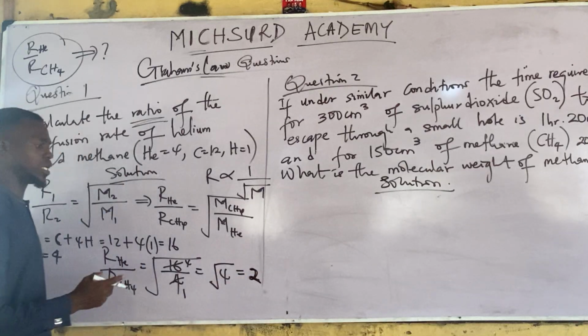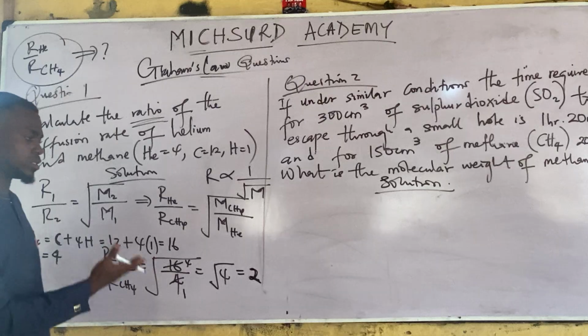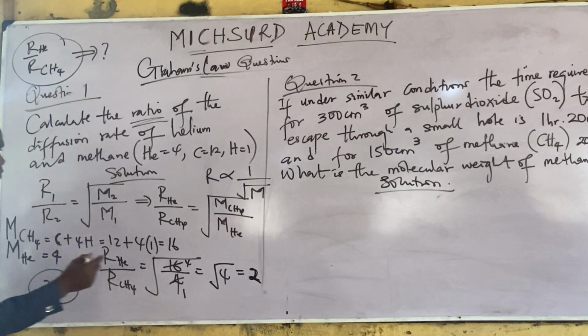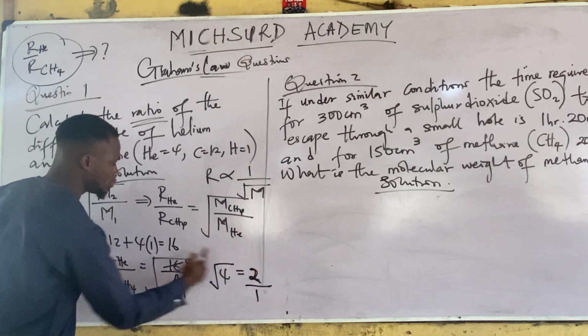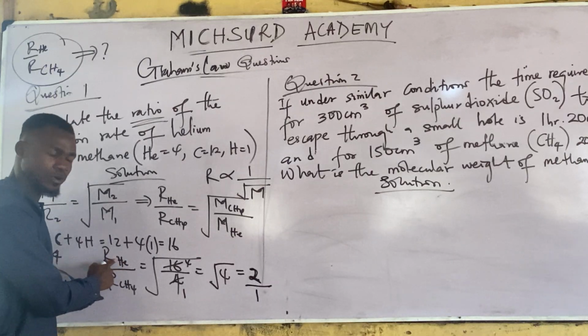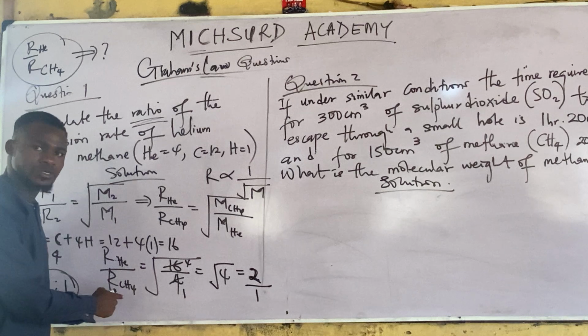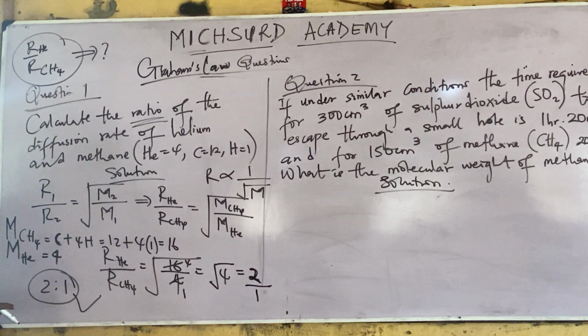So 2 is the correct answer. But in the options, you might not see 2; you will see 2 is to 1. That is because 2 is 2 over 1, so 2 goes for helium and 1 goes for methane. So the correct answer is 2 is to 1, not 1 is to 2.